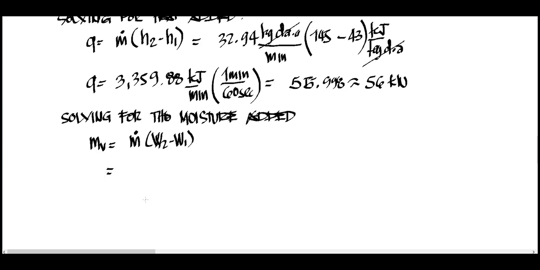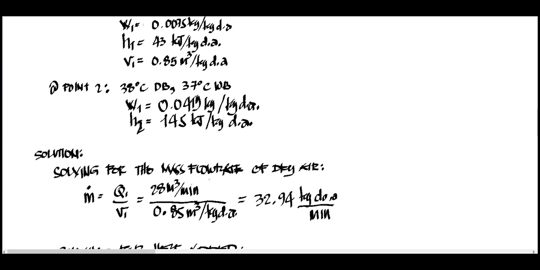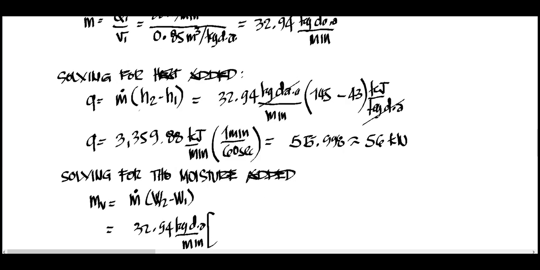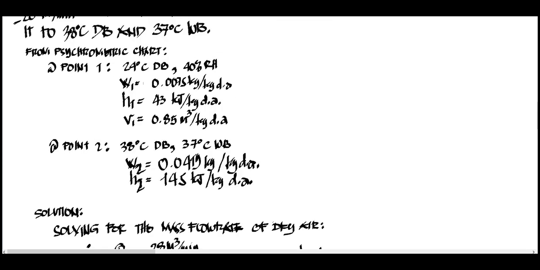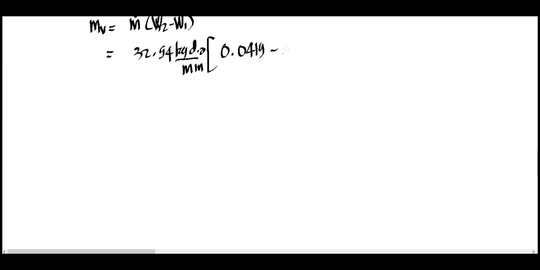We have 32.94 kilogram of dry air per minute, multiplied by humidity 2, 0.0419, minus 0.0075, kilogram per kilogram dry air.